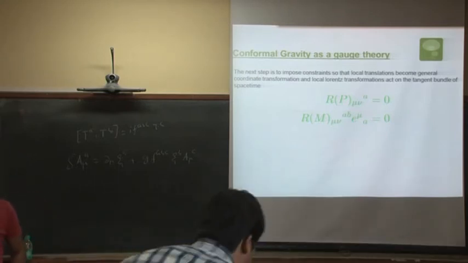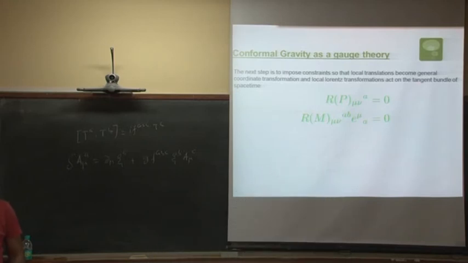This second constraint, just having gauge translations with no conformals, what would it be? Oh, if you impose the second constraint, it will mean that you're just setting your Ricci tensor to 0. This R_mu nu^ab just becomes your Riemann tensor, and then you are just setting your Ricci tensor to 0.